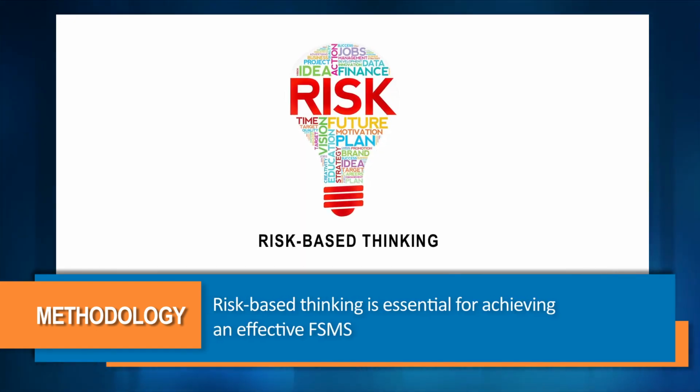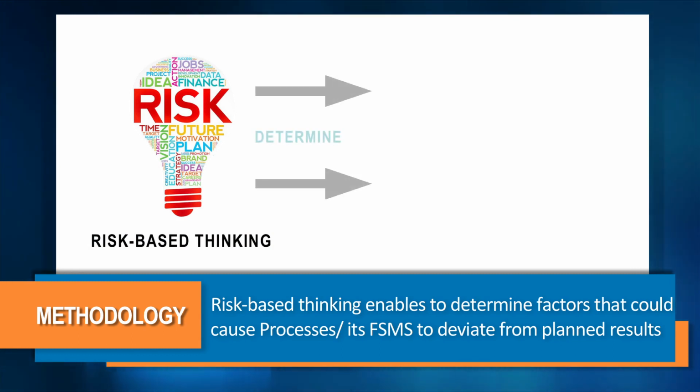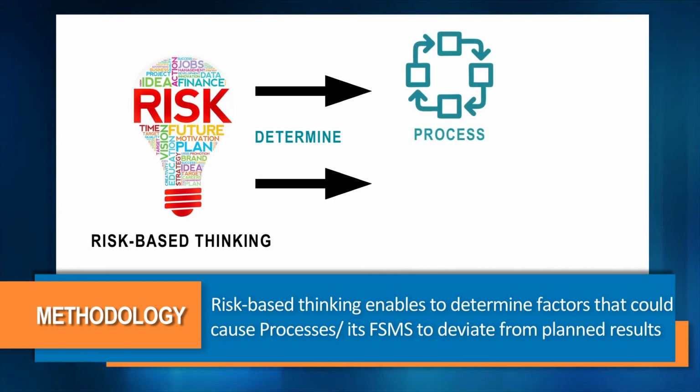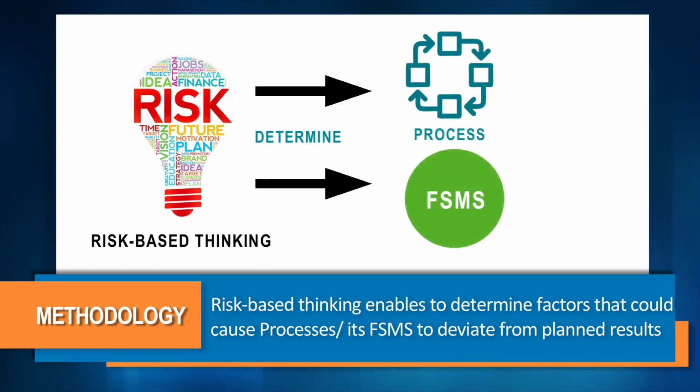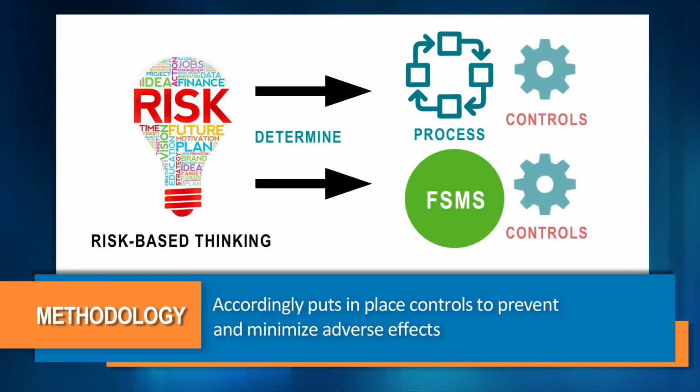Risk-based thinking is essential for achieving an effective FSMS. Risk-based thinking enables an organization to determine the factors that could cause its processes and its FSMS to deviate from the planned results, and accordingly to put in place controls to prevent or minimize adverse effects.